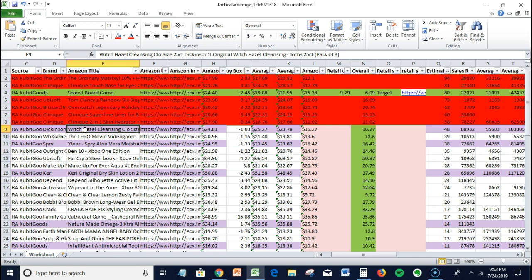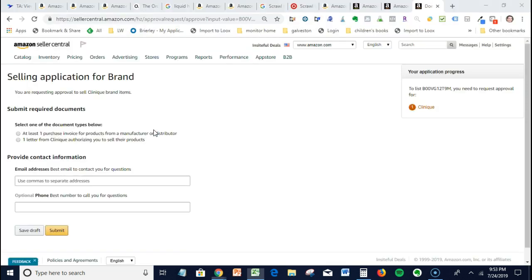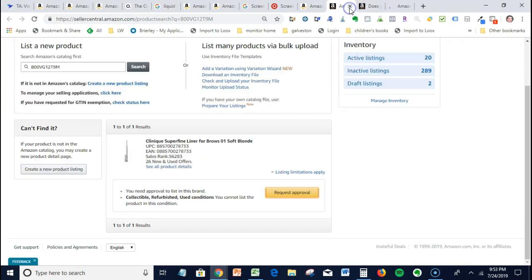Okay, this is Witch Hazel cleansing, whatever. Let's take a look at this. It's a pack of 3, so keep that in mind. Just delete some of these so we don't have too many windows open.